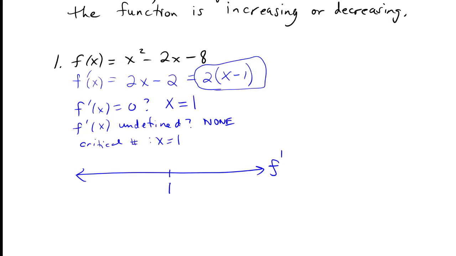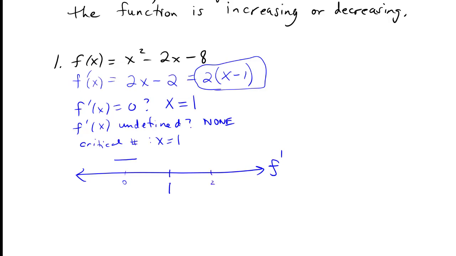All right, so if I were to take, say, 0, so I'm just doing it lightly there because I don't really need it there, I just want to identify where I'm taking a point. So if I put 0 in, I'd get 2 times 0 minus 1, I'd get a negative result. So I get negative numbers there.